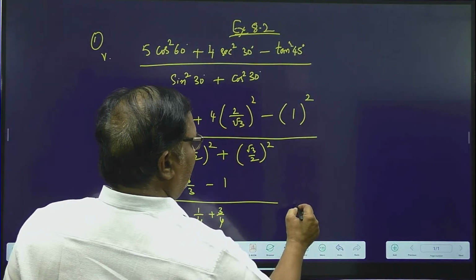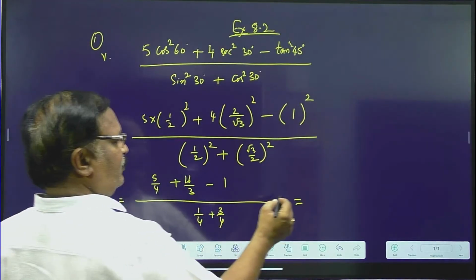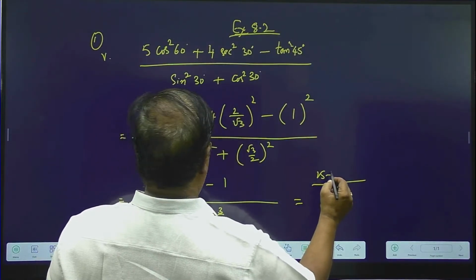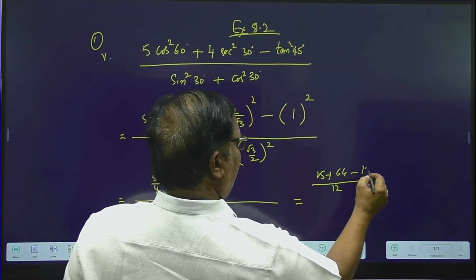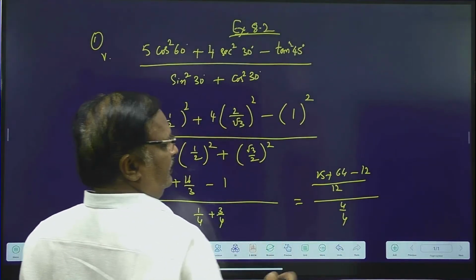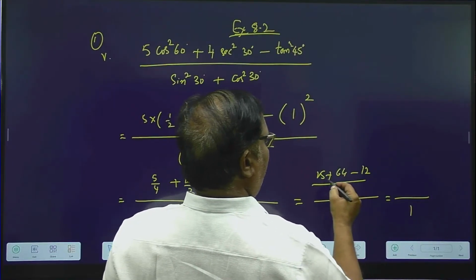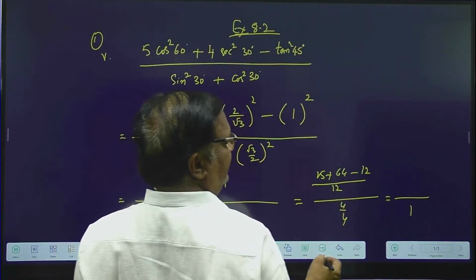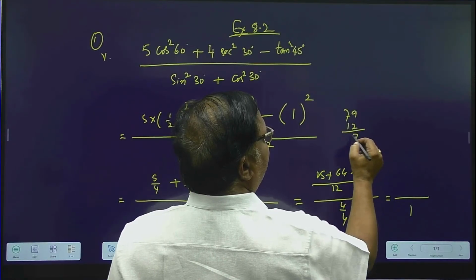So I will put here the LCM. 4 3s are 12 is the LCM. 3 5s are 15 plus 4 16s are 64 minus 12 by 12. 4 upon 4 is 1, and 15 plus 64 is 79, minus 12 is 67.